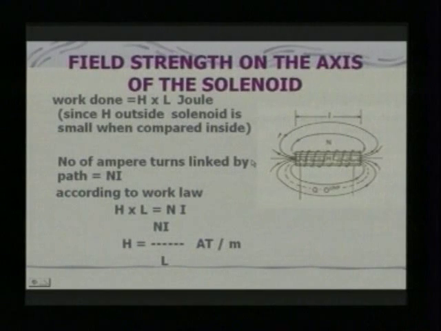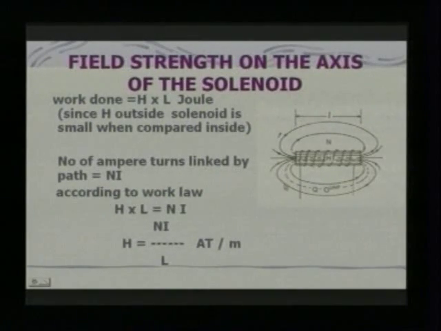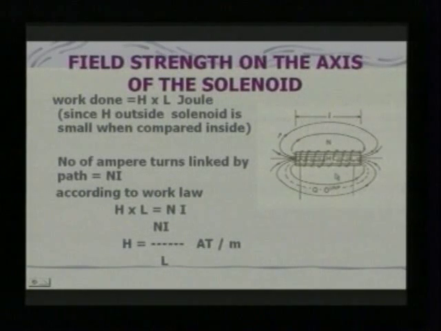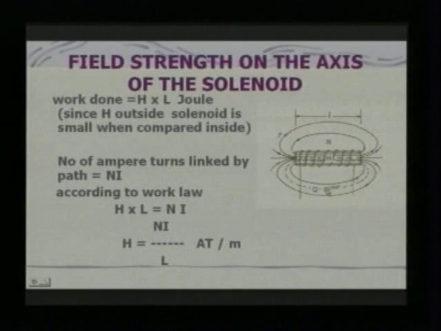Let us consider a solenoid of length L meters and consider a closed path in which a unit north pole is placed and moving in the closed path as shown.